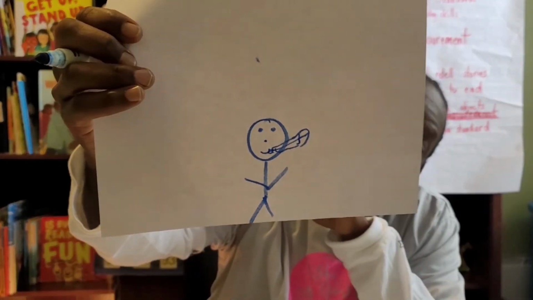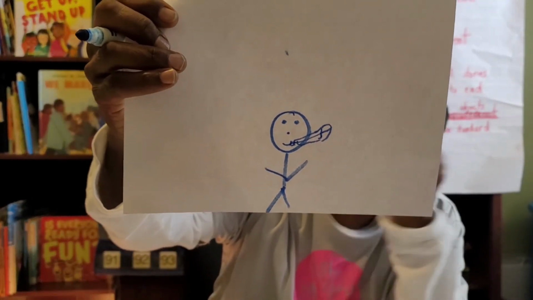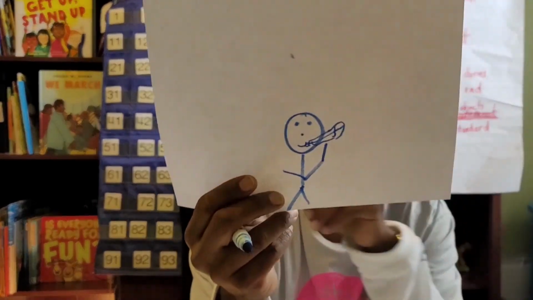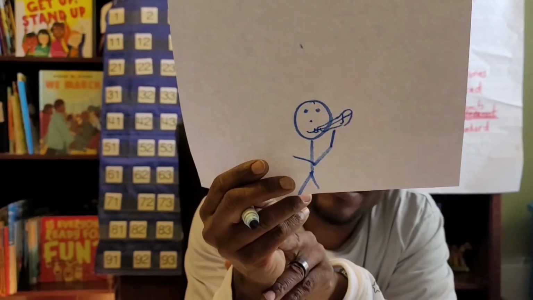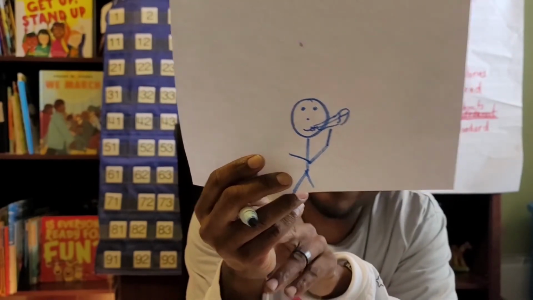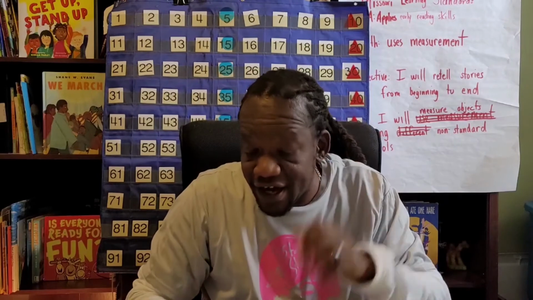This is a little boy. What is he doing? He's playing the horn. You see him? But he's playing the horn. And that happened towards the middle of the book. So beginning, middle, and end. That's what I really want you to think about.